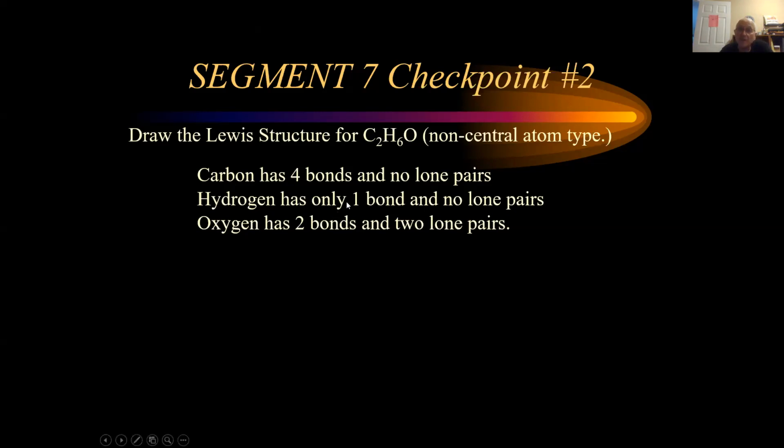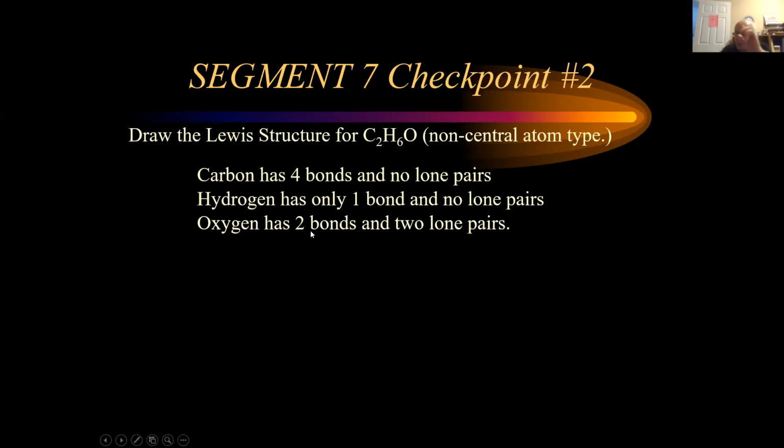Hydrogen now can only have one bond and no lone pairs. So the hydrogen is going to be attached to the other atoms, but they can't be in line with the other atoms. I have to put all the other atoms together and then look at the edges, and I can attach hydrogens around the edges. Now, oxygen has two lone pairs and two bonds.